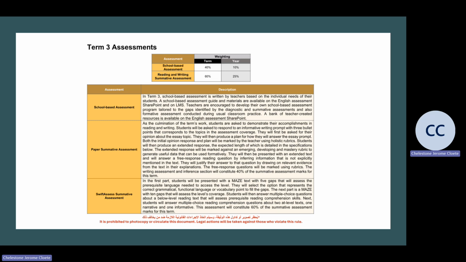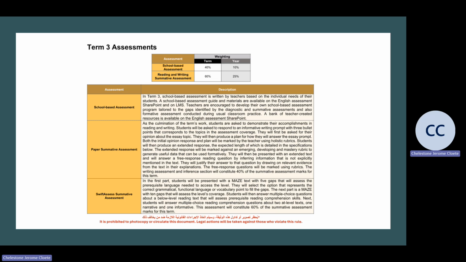You will be asked to respond to an informative writing prompt with 3 bullet points that correspond to the topics in the assessment coverage, which means you will get an opinion question, which you need to give your opinion on, and then you also will get a plan, which you will need to answer questions on. After that, you need to use your plan and your opinion question to write an extended response to an essay prompt.